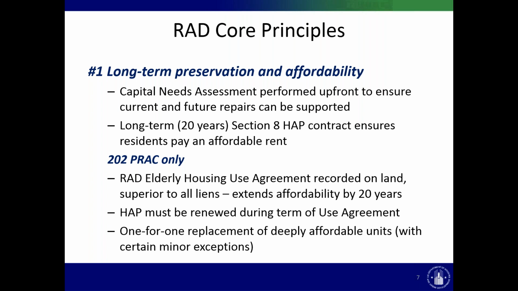Further, during the term of that use agreement for the 202 PRACs, the HAP must be renewed. 202 PRACs also have a requirement of a one-for-one replacement of deeply affordable units, with certain minor exceptions.